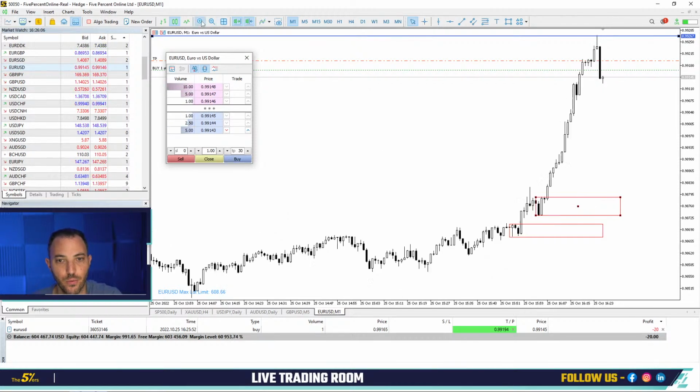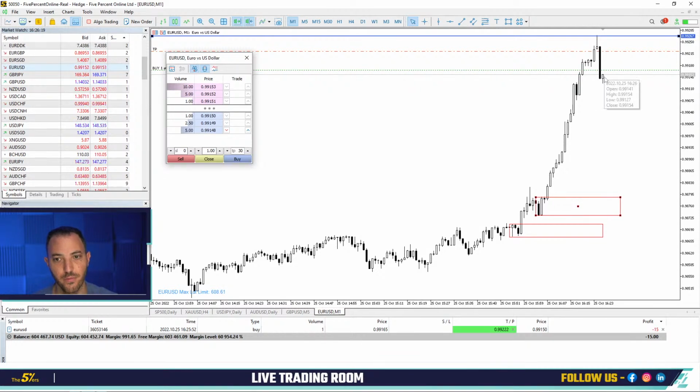So I'm trying to now slowly build into the pullback. Sometimes I get in without confirmation, sometimes with confirmation. I'm now just trying to fade the down movement to catch the bottom. Not always the best thing to do, but waiting for confirmation is sometimes the right call, and sometimes it leaves you out of the trade.